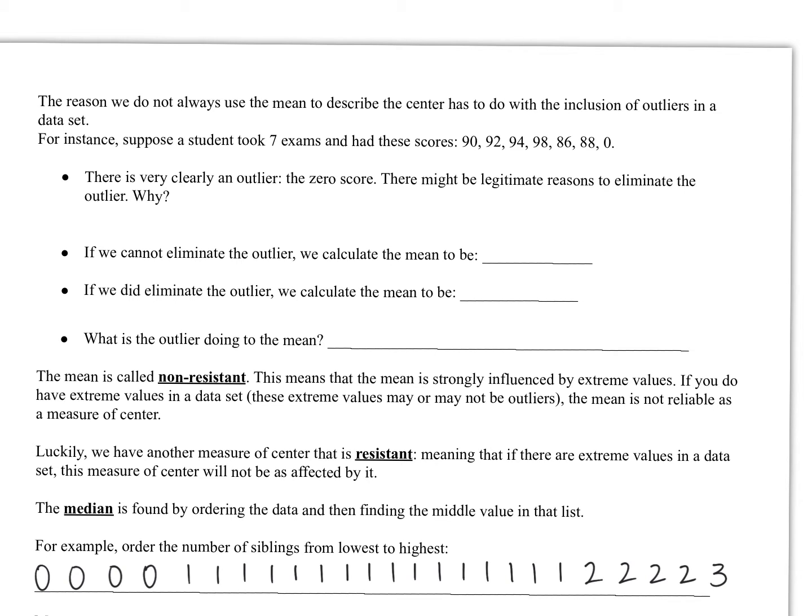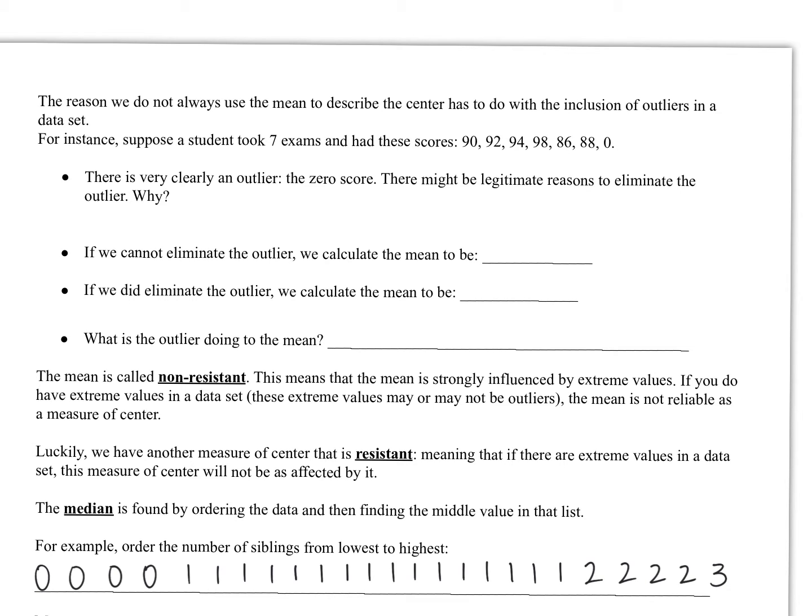So the reason we don't always use mean is because mean always has to include outliers. We just talked about how outliers can affect data. So for instance, we have a list of 7 scores for 7 exams: 90, 92, 94, 98, 86, 88, and 0.